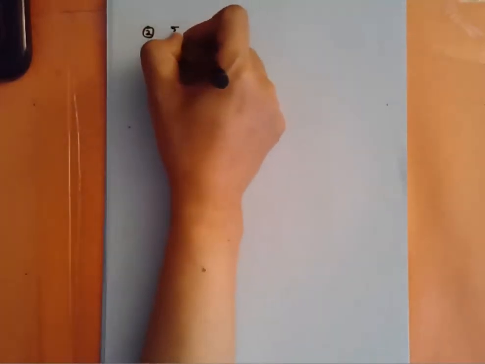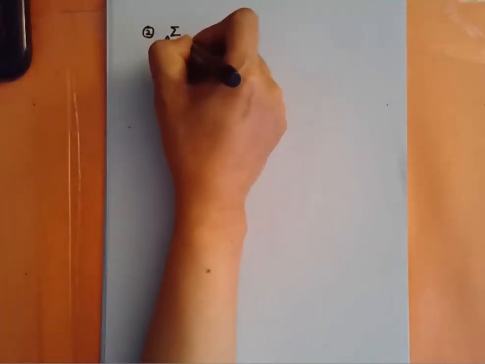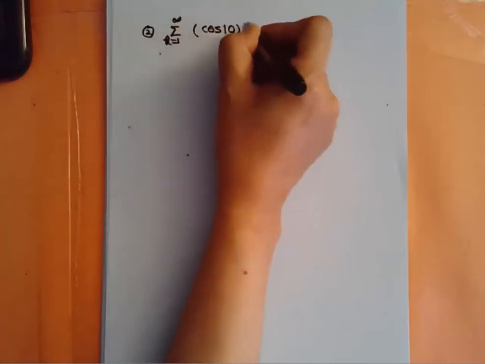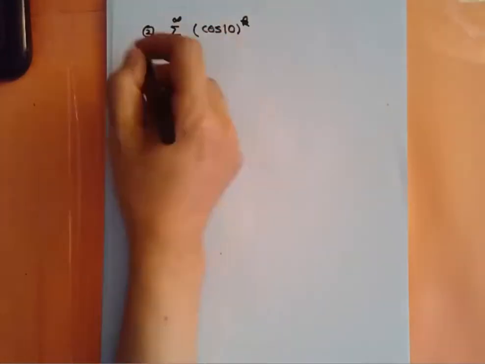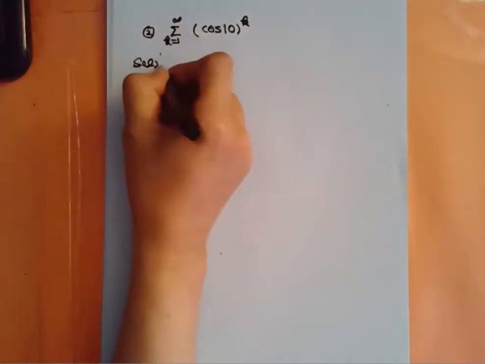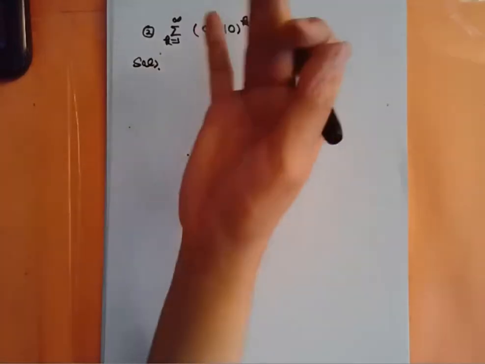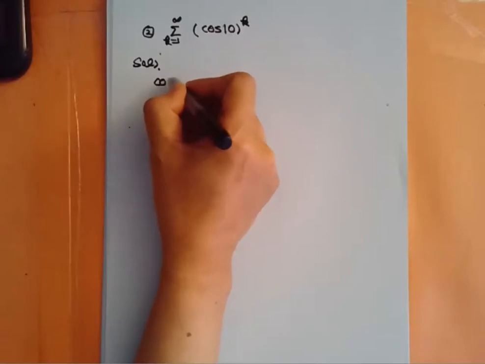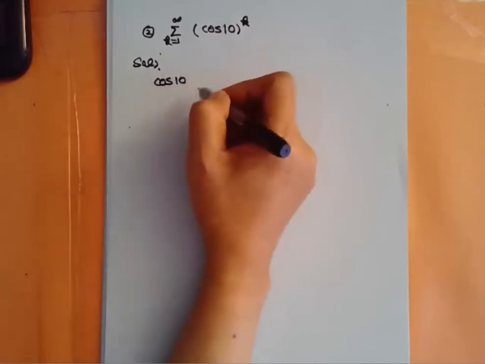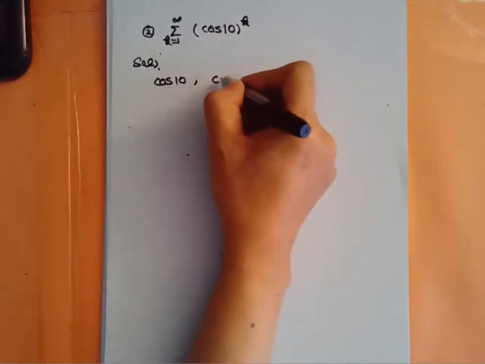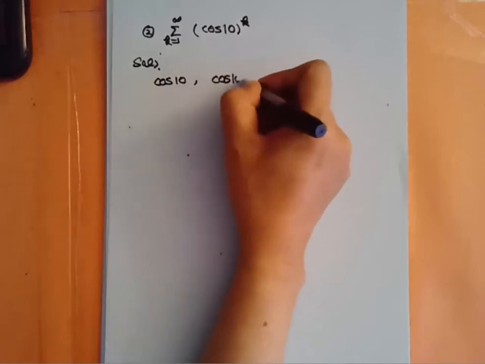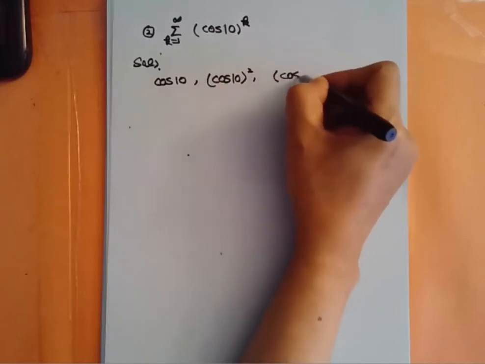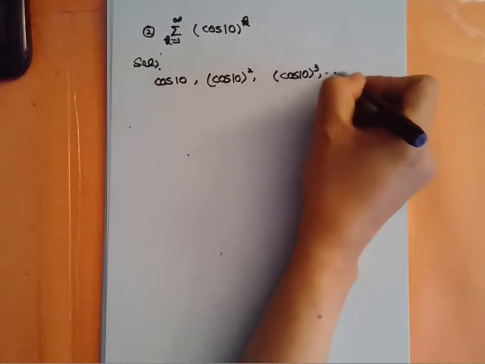The second question is the sum from k equals 1 to infinity of cosine of 10 radians to the k power. So what we can notice about the sequence is, when k equals 1, it is cosine of 10, k equals 2, then cosine of 10 squared, and k is 3, that is cosine of 10 cubed, and so on.